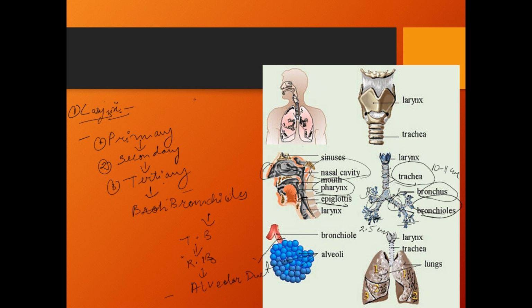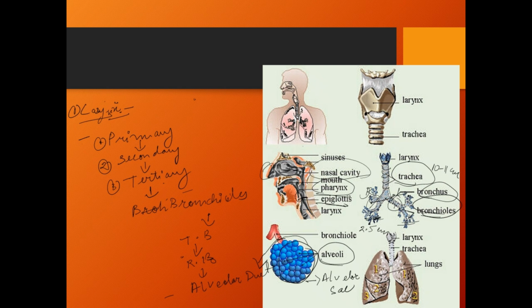This is the alveolar sac, a sac-like structure. Now this alveolar sac contains several small circular structures called alveoli.